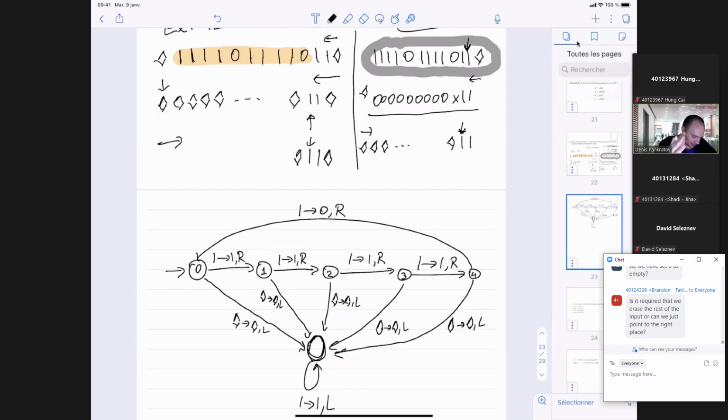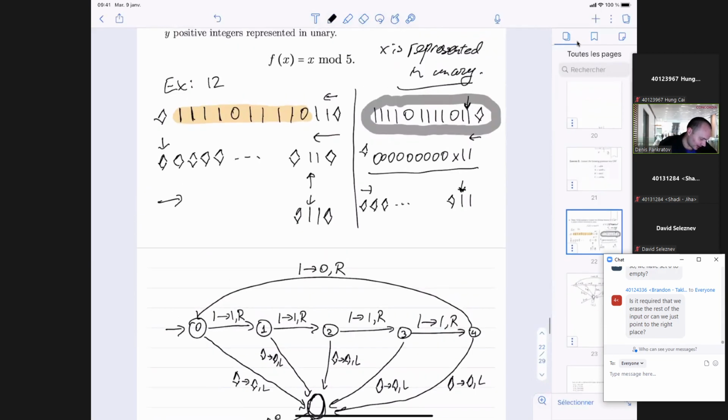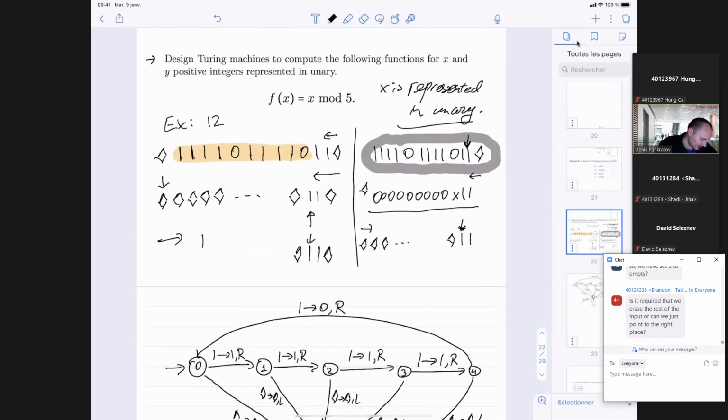Okay, so we're in this situation, we're pointing to the rightmost character. On a bunch of ones, we keep skipping to the left. There is a possibility that we encounter a blank. This happens precisely when our integer already was less than 5. So for instance, if it was 3, then we would go from this integer to this integer to this integer.